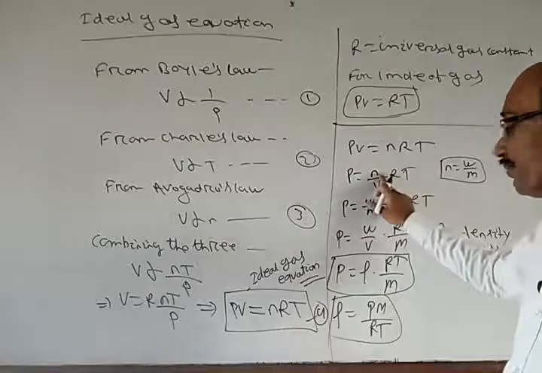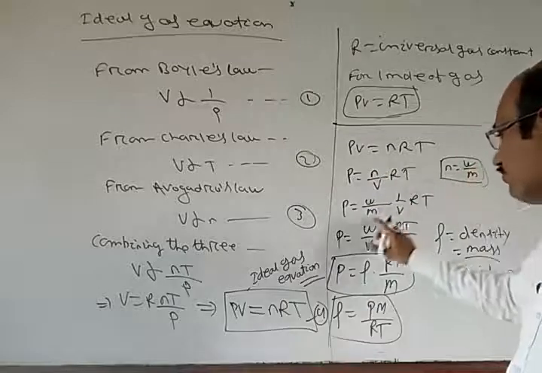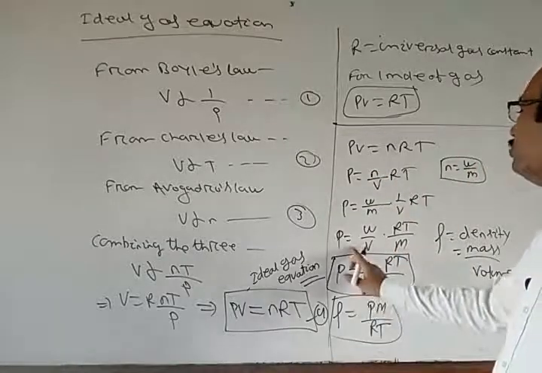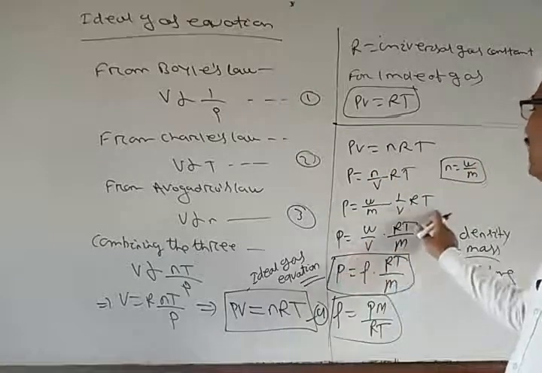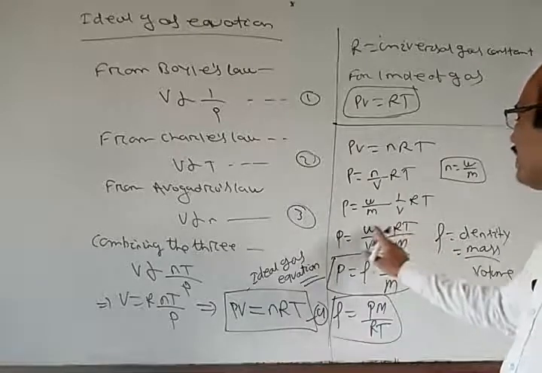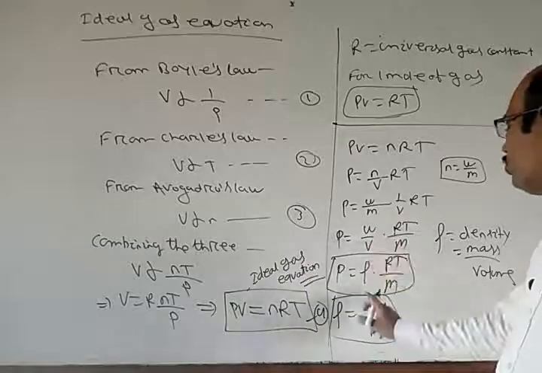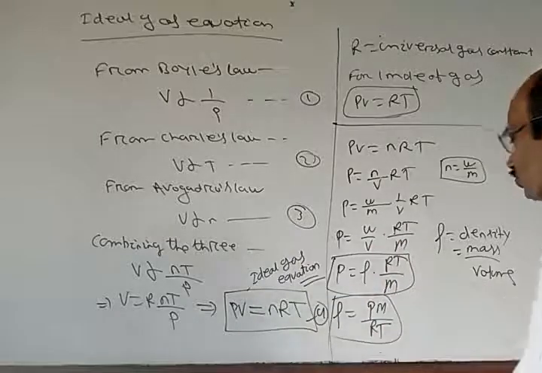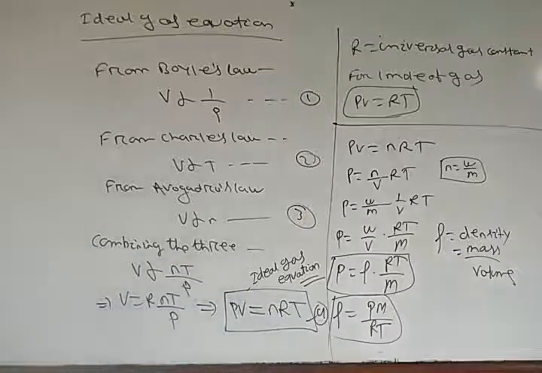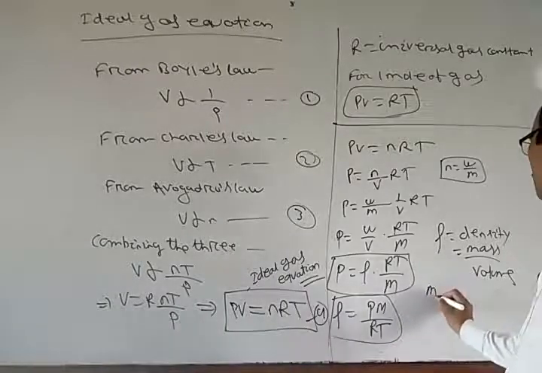So n is the number of moles equal to mass by molecular mass, w by M. So P equal to w by M into 1 by V RT, or P equal to w by V into RT by M. Mass by volume is rho, the density. P equal to rho RT by M, or rho equal to PM by RT.